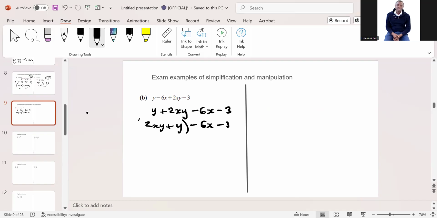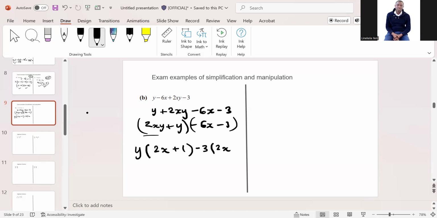So again, now here I can group, and the highest common factor here is y, so I'm going to have y like that, and then 2x plus 1. And here the highest common factor of negative 6 and negative 3 will basically just be negative 3, and this into that will give me positive 2x.